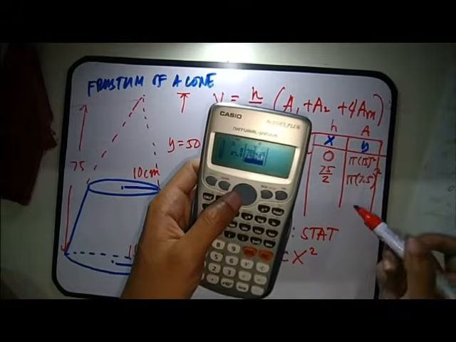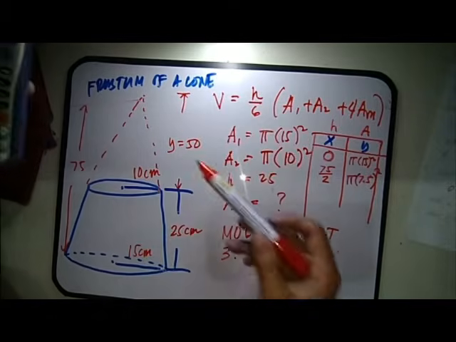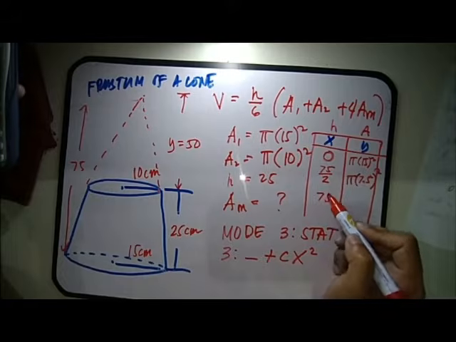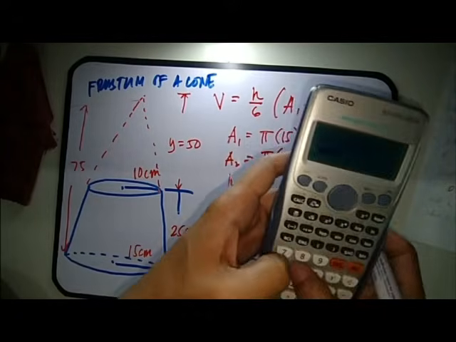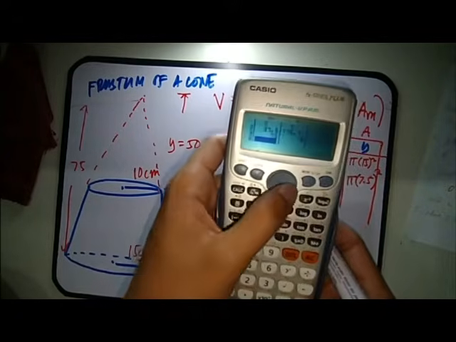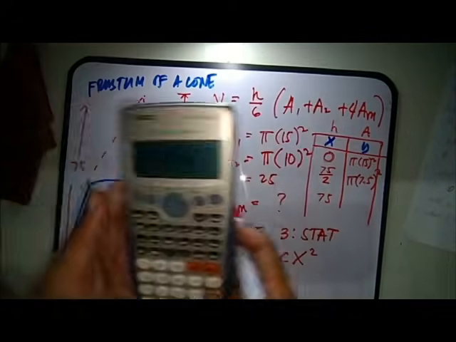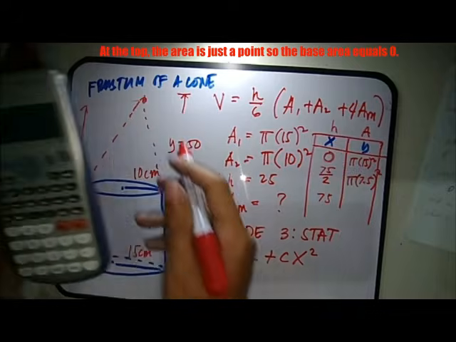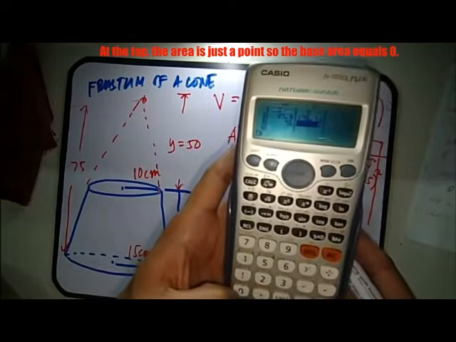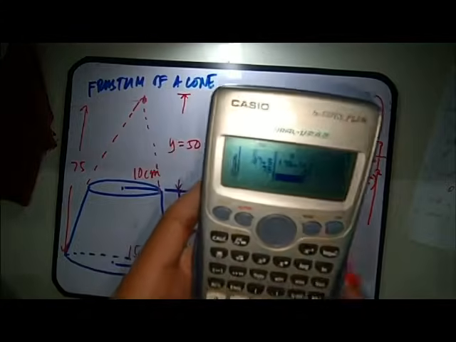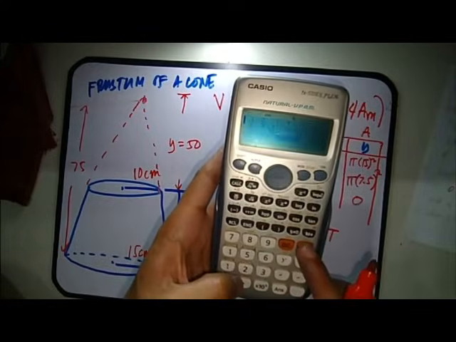Then yung pangatlo is yung top natin. So yung top is at height 75. So ilalagay natin dito 75. So at height 75, ang area natin is just a point there. So point lang yun. So this is 0. So 0 siya. Then press AC.